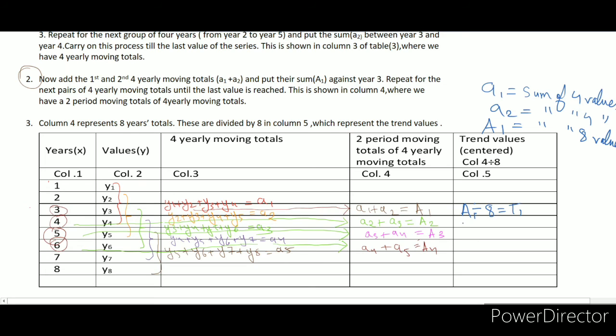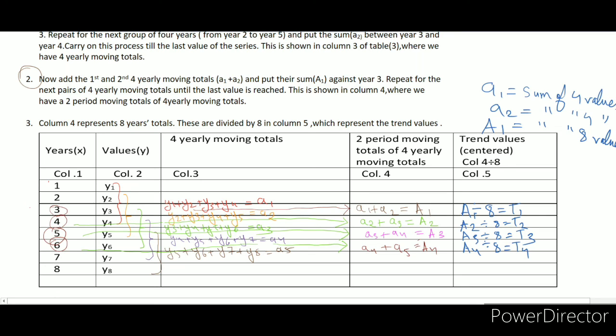Okay, next A2, which is a sum of small a2 and small a3, and small a2 is a sum of 4 values. Small a3 is also a sum of 4 values. So even this divided by 8, you get the second trend value. A3 divided by 8, the third trend value. A4 divided by 8, you get the fourth trend value.